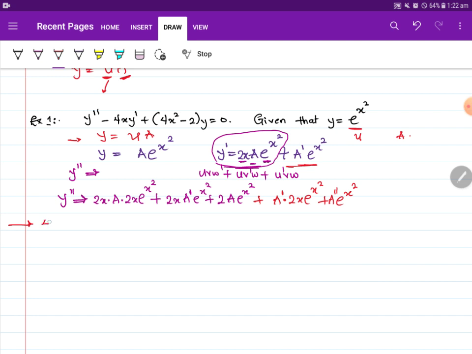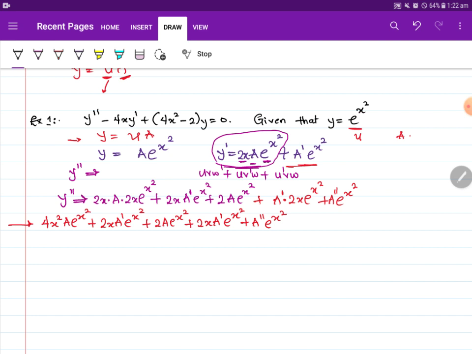This is 4x²a e^(x²) + 2x a' e^(x²) + 2a e^(x²) + 2x a' e^(x²) + a'' e^(x²). That's the first thing, the y''.